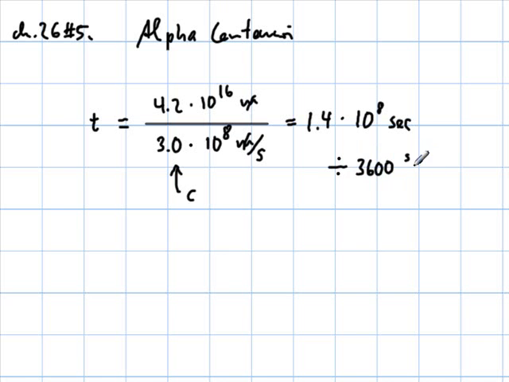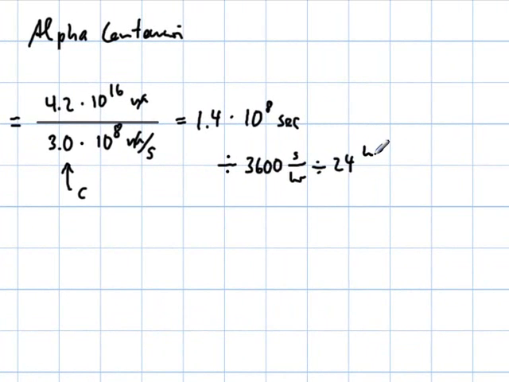in an hour. Divide by 24 hours in a day. And divide by 365.25 days in a year.